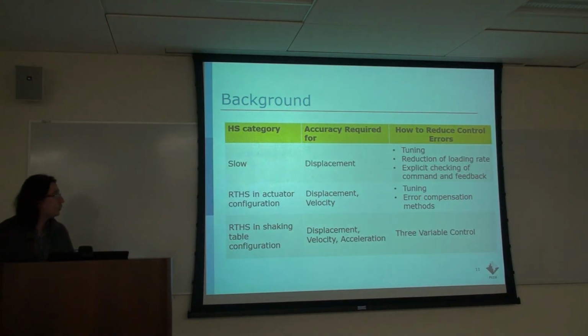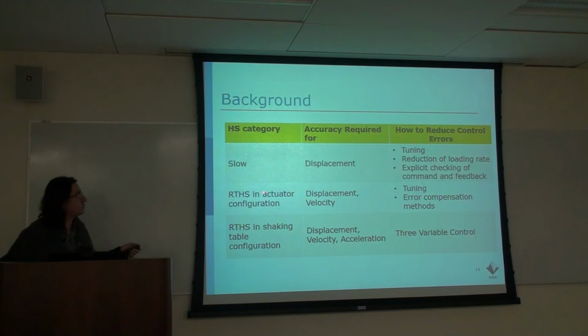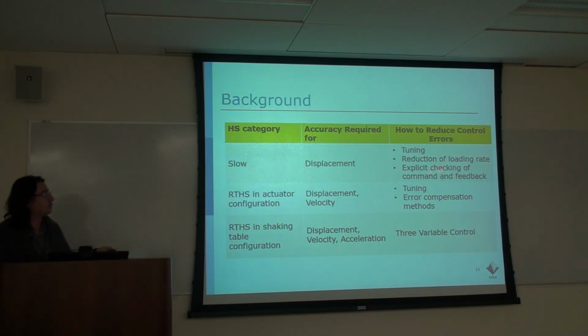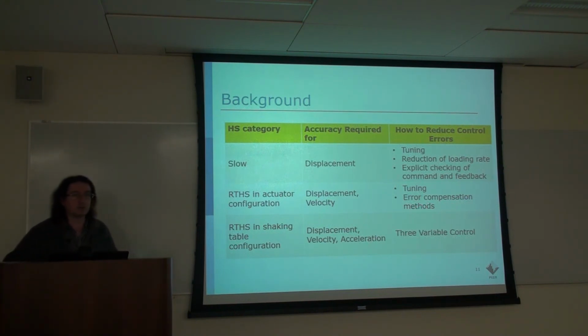Therefore, it's important to control the velocity in addition to the displacement. In this case, the displacement needs to be applied in a certain time. Therefore, we cannot do this explicit checking anymore, but we can still do good tuning to improve the accuracy. And as it has been mentioned many times, the error compensation methods work fine in this case also.